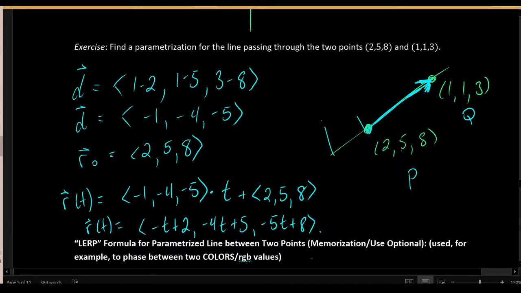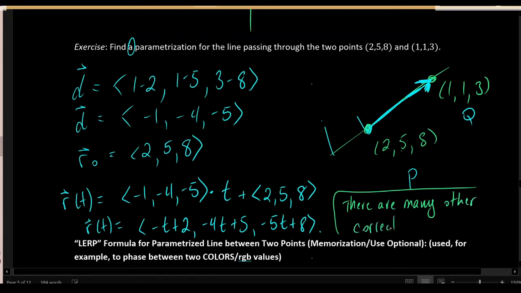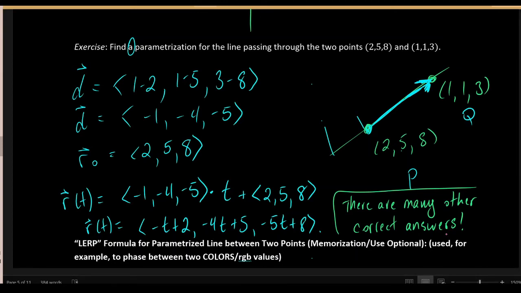Now I want to note that this is one possible answer amongst a collection of many possible correct answers. There were many opportunities while we were answering this question to make other choices.